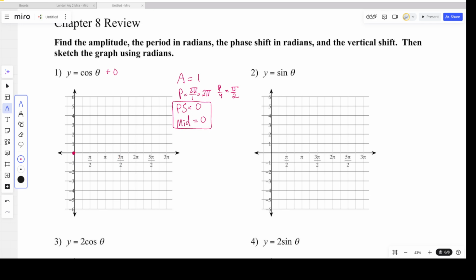Both of them are 0, so I know my box will be starting right here. To complete the box, I know the amplitude is 1, so the top of the box will be up 1 and down 1. Now I just need to find these other 2 points to complete the box. The length of the box will be 1 period, 2 pi in this case, so I go over there.